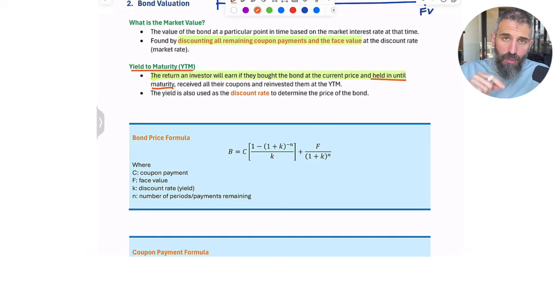It's your annual return if the bond is purchased today at whatever the market price is and held until maturity. And then you've got two additional assumptions, assuming that you receive all your coupons and that you reinvest them at the same yield. Okay, so that's like the long definition. The annual return you earn if you buy the bond today, you keep it until maturity, you collect all your coupons, and you reinvest all your coupons.